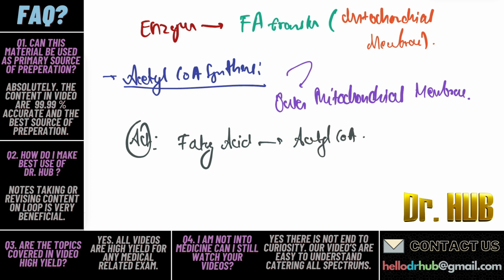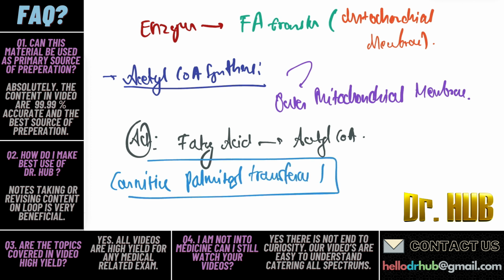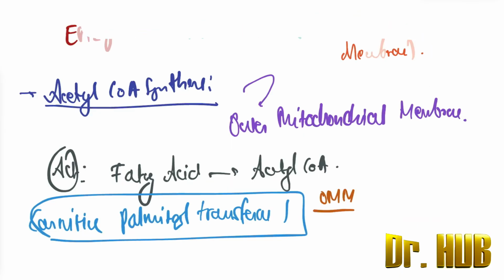Next we look at the carnitine palmitoyl transferase. The site of action of the carnitine palmitoyl transferase is the outer mitochondrial membrane. And what is special about this?